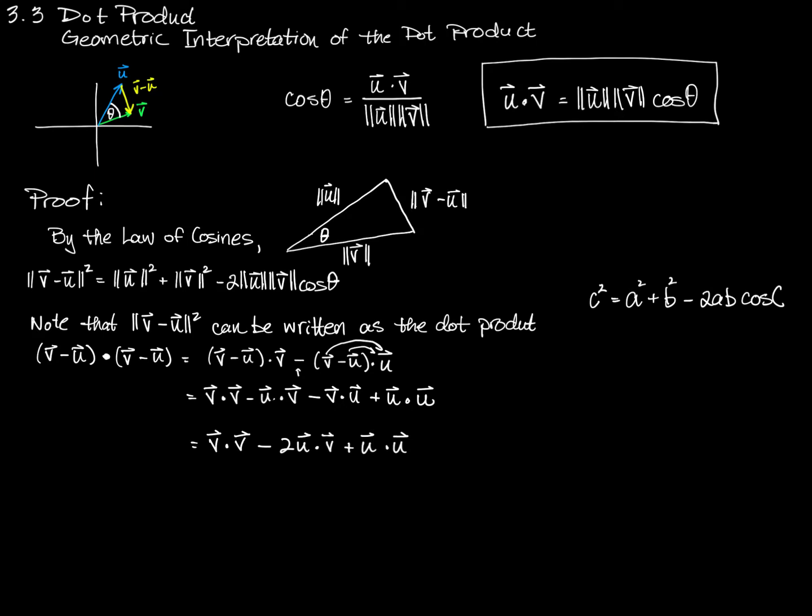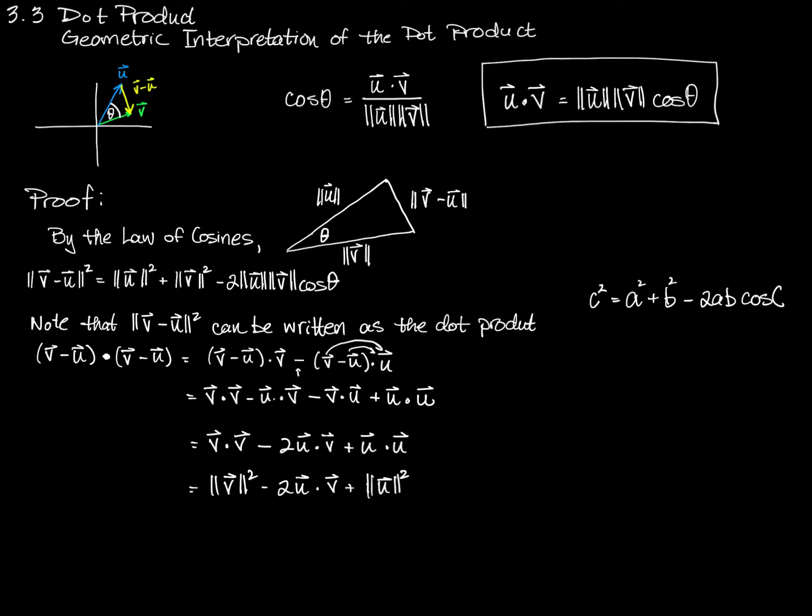Okay, and then of course I can write that. If I can write this product right here, this v minus u magnitude squared, as the dot product of two differences, then I can do the same in reverse. I can write this as the magnitude of v squared minus 2u dotted with v plus the magnitude of u squared.